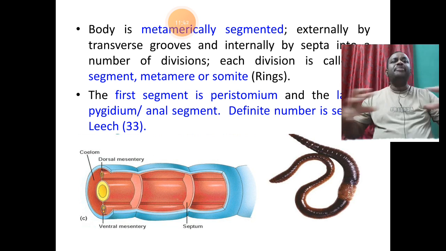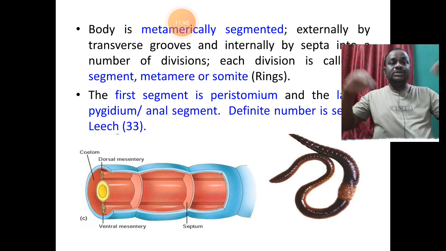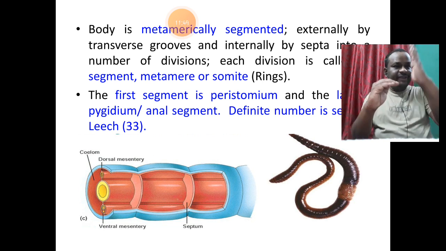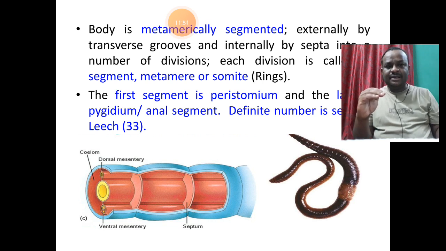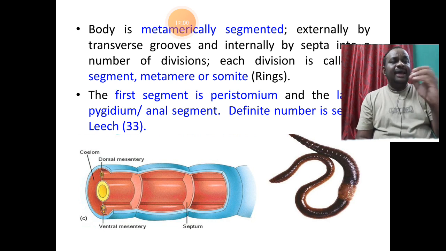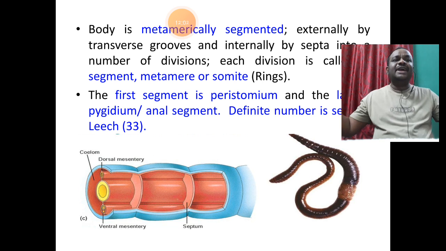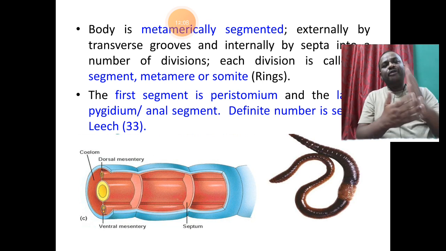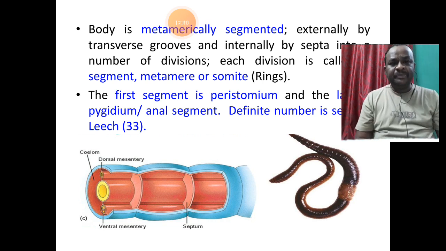So when we look at the body, outside it appears to have the transverse grooves, inside it will have a number of partitions, and these partitions are made by the structures referred to as septum or septa. Hence, the body of annelids, when we look at it by cross section or longitudinal section, shows a number of compartments.